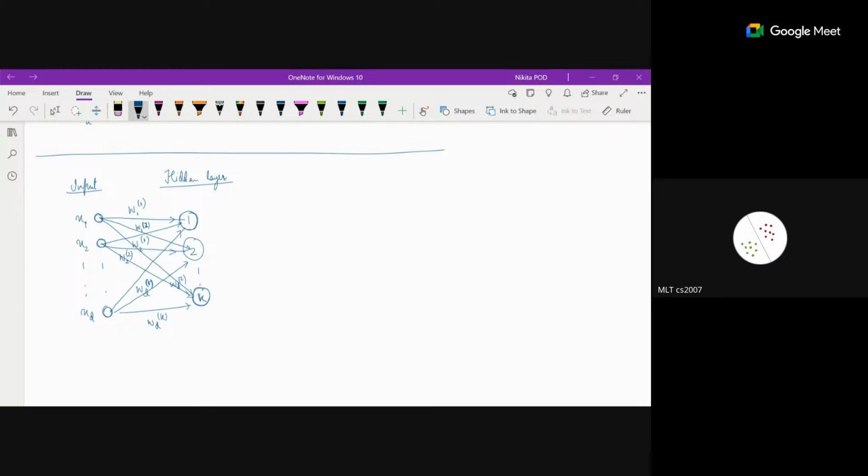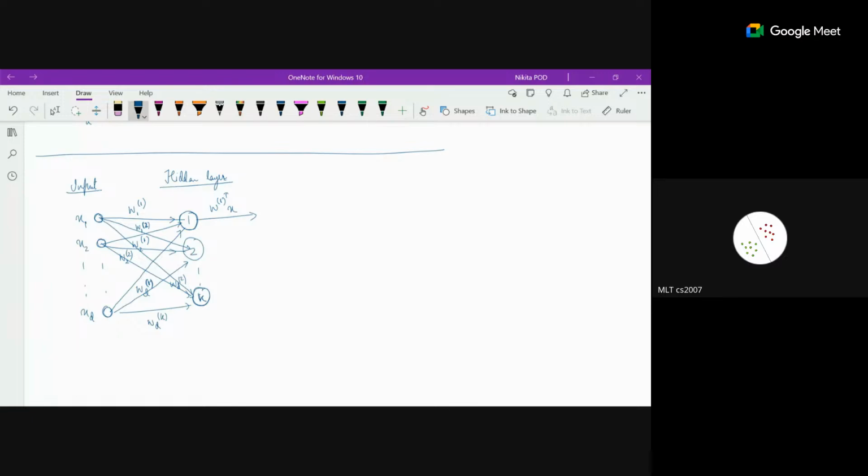What is happening in each of these neurons is that once all these weights come in from all the data points, the first neuron will give you W1 transpose X, same as what you were getting from the perceptron algorithm. There you wanted to learn just one W, which best explains your y.